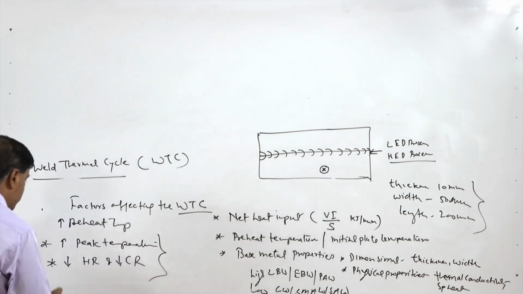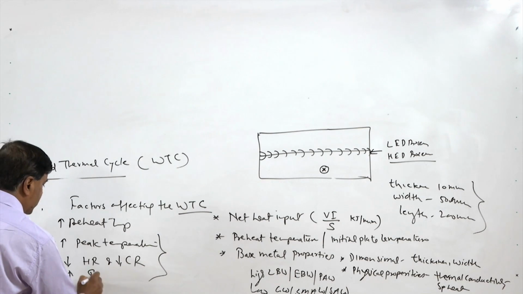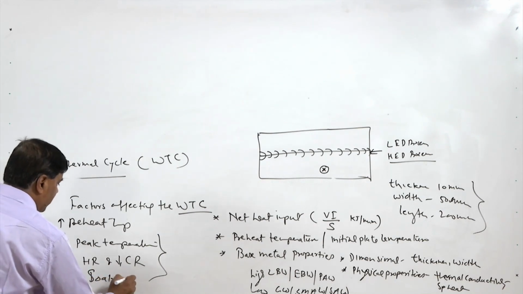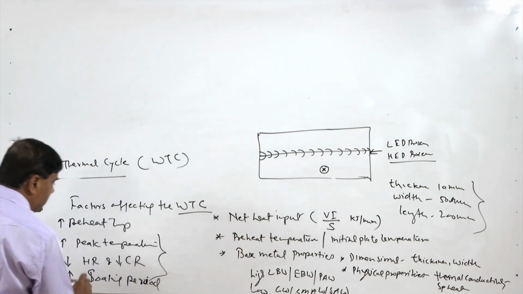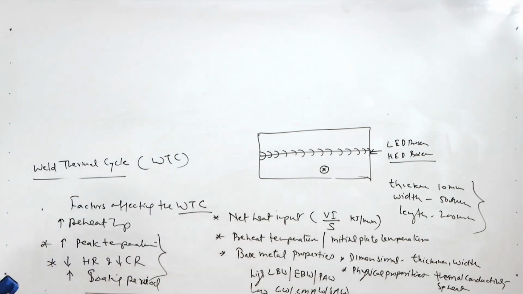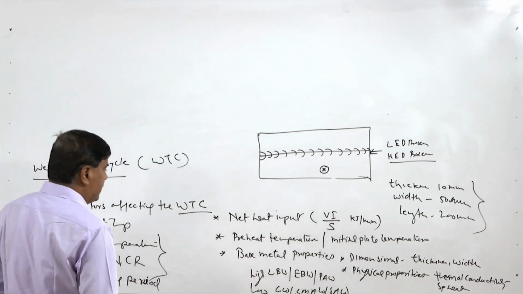So these are the two things. At the same time it will be increasing the soaking period. Soaking period has a lot of effects on the metallurgical and mechanical properties of the weld joints. That is what we will see subsequently.